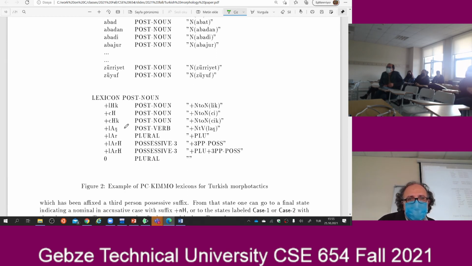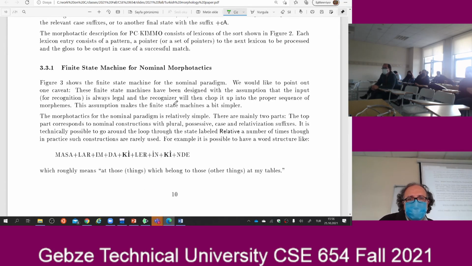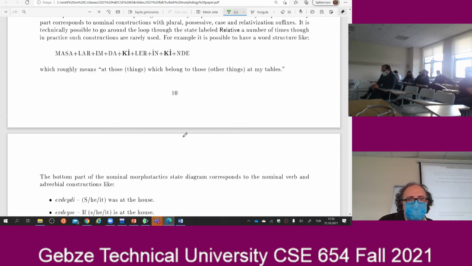And these are the ones, okay, lexicon postnoun, lik, ji, jik, lash, etc. Okay, so this is L, remember H? H is all the I, U sounds, etc. R is A and E, etc. Okay, so finite state machine for nominal morphotactics.